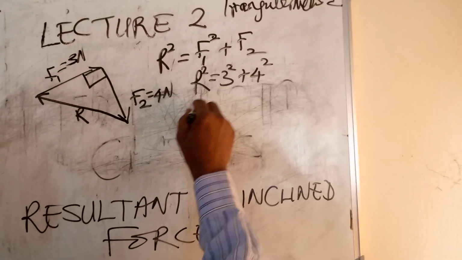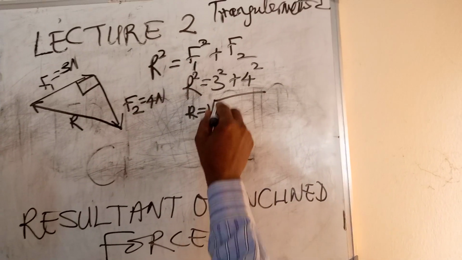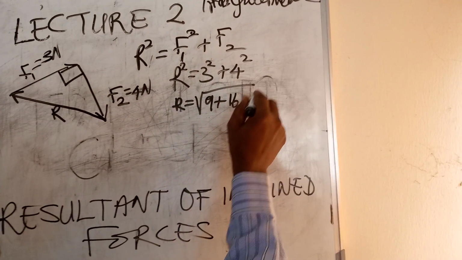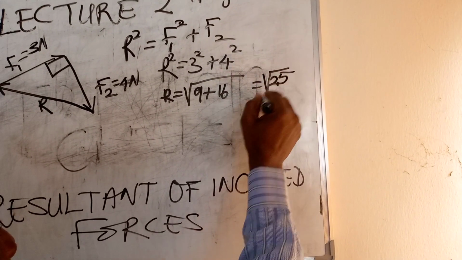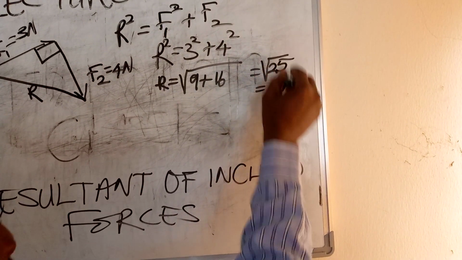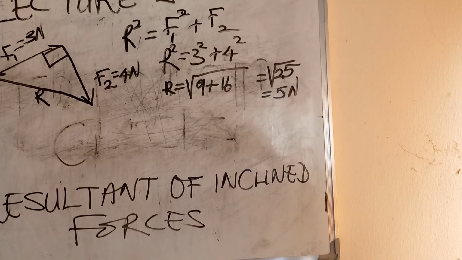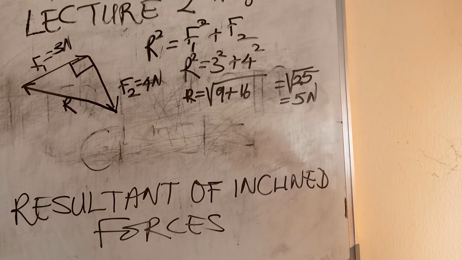That means R is equal to square root of 9 plus 16, which is equal to square root of 25, which is equal to 5 newtons by the method of triangle.